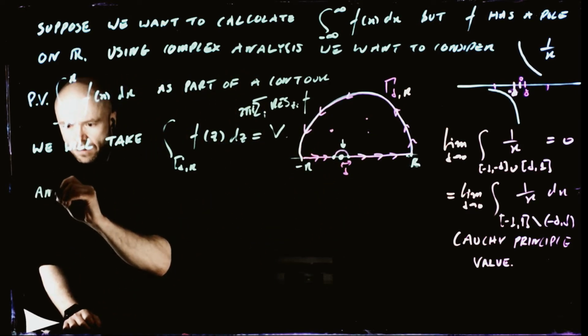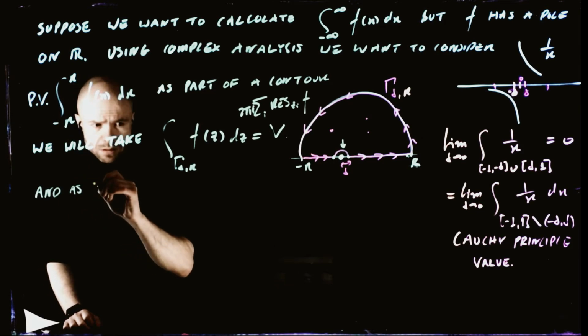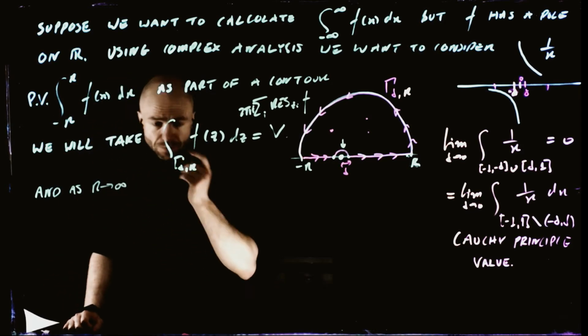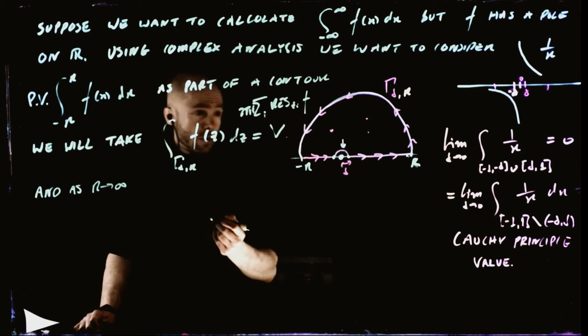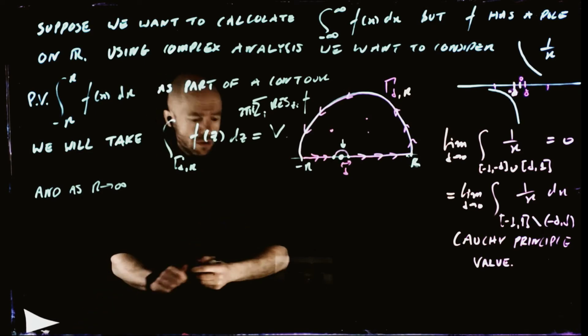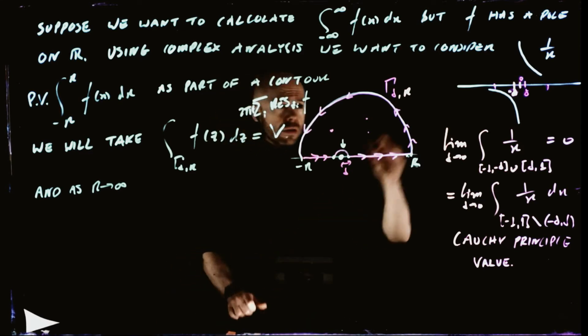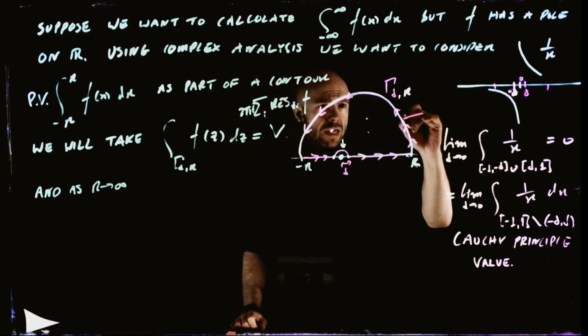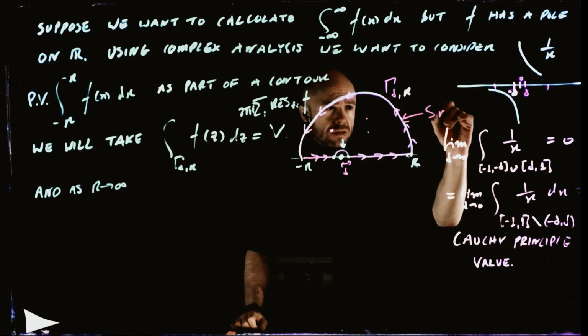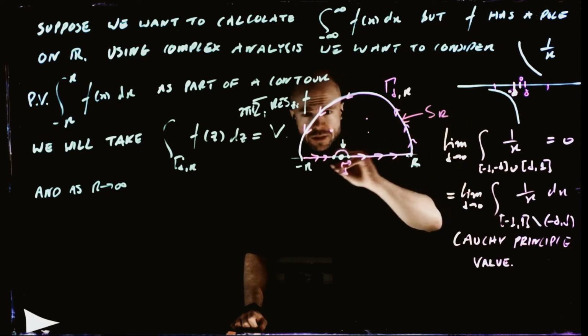And as r goes to infinity, the semicircle part, which is harder for me to express in this way, we will denote the semicircle as S of R. So this is the semicircle.